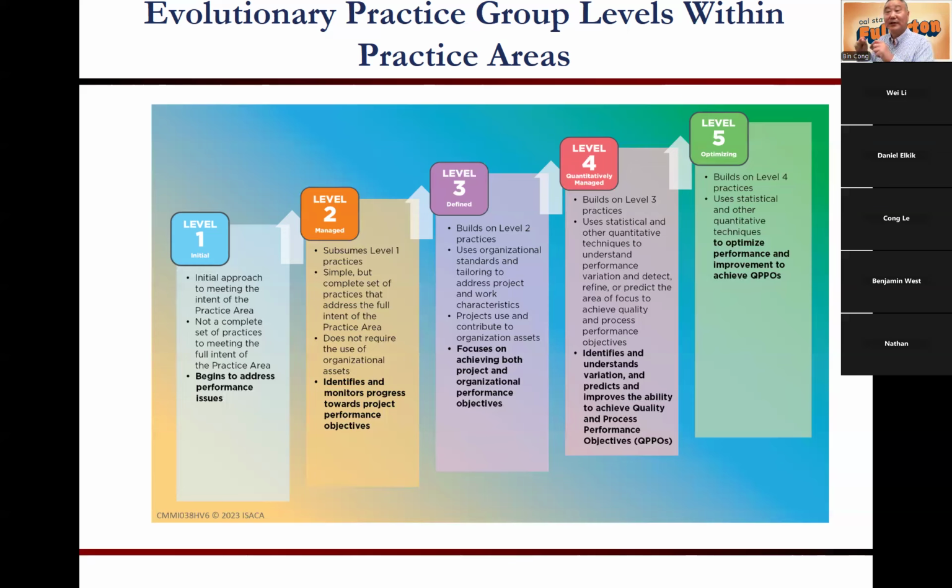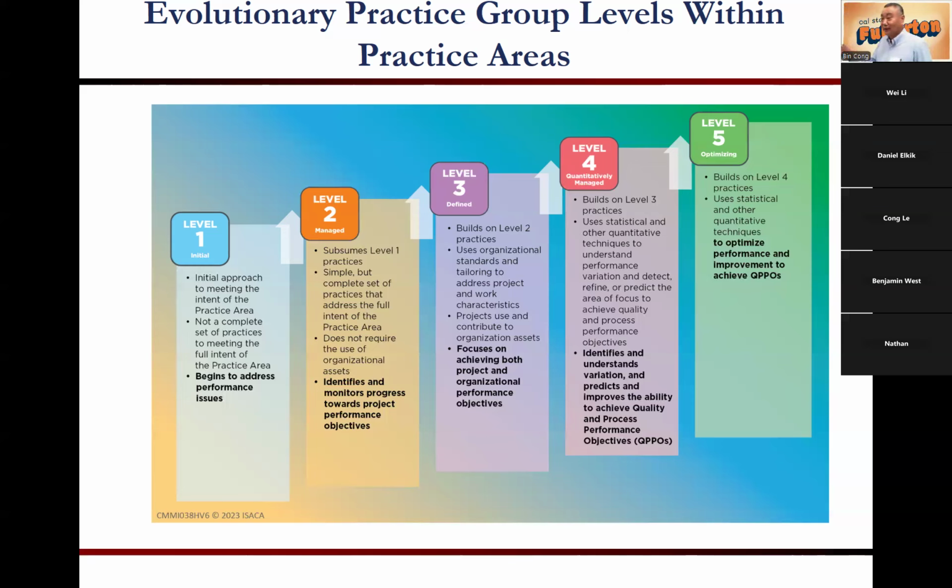Process is the platform. Process basically represents our best understanding of performing our daily work. Okay, that's level three. Your best understanding may not be the best. There's always a better way. That's why we have improvement, right?